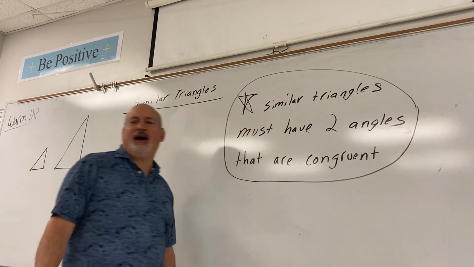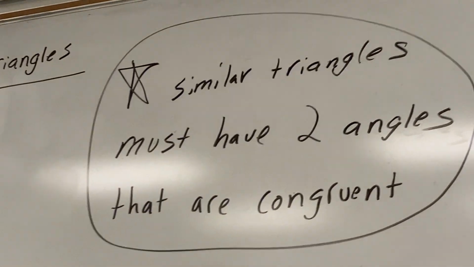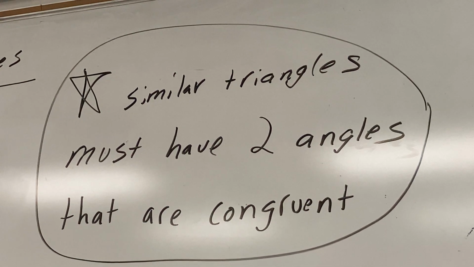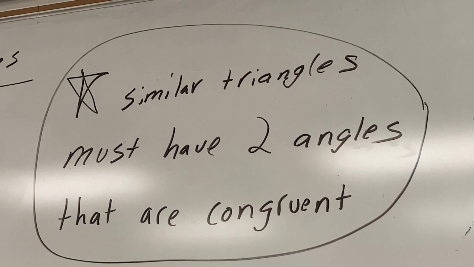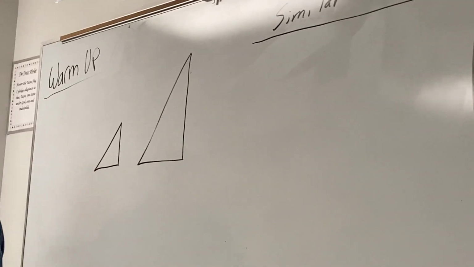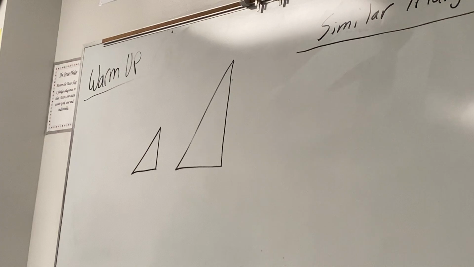Put a big star by it, put it in the notes. If we can prove that two of the angles are congruent, then I can say these two triangles are, in fact, similar.